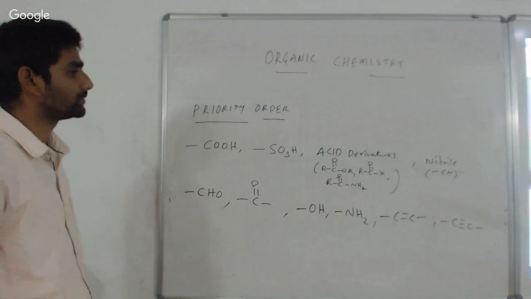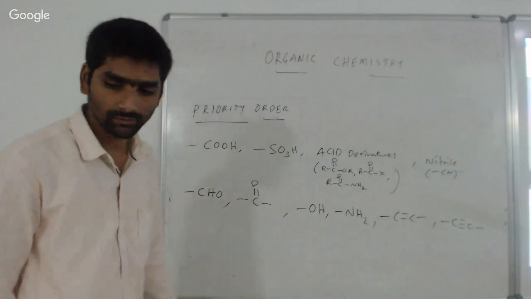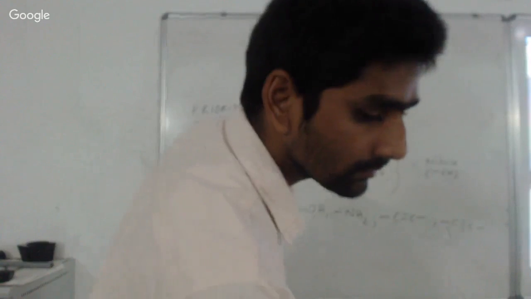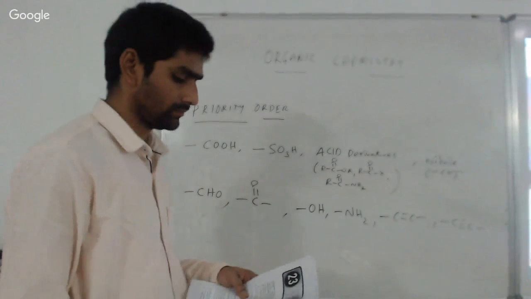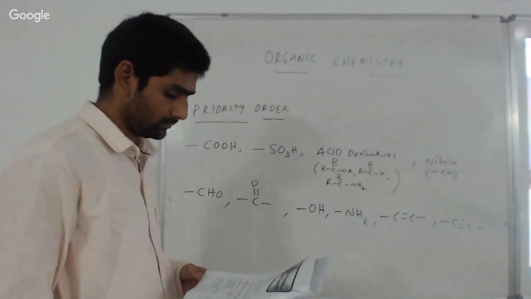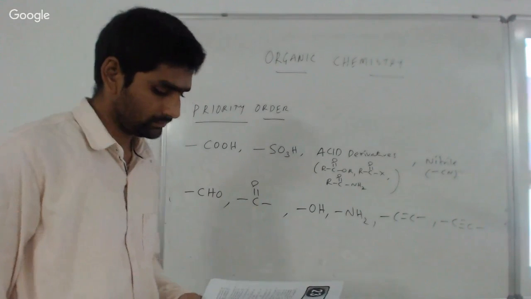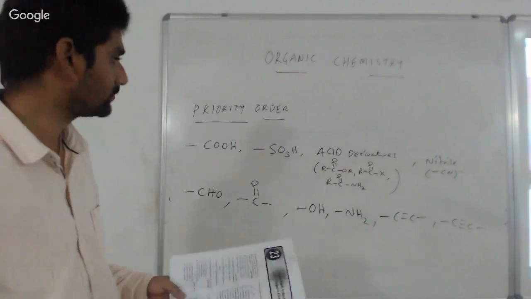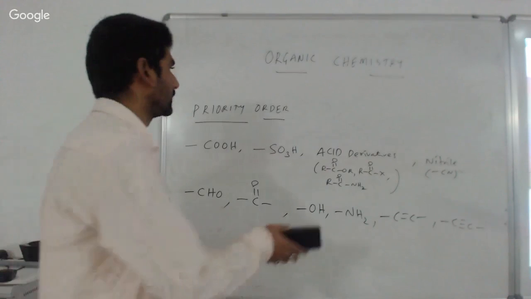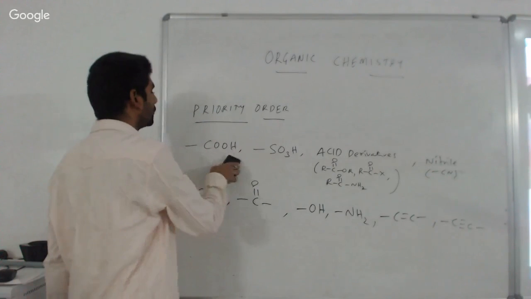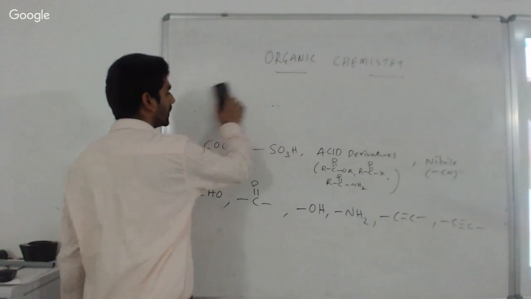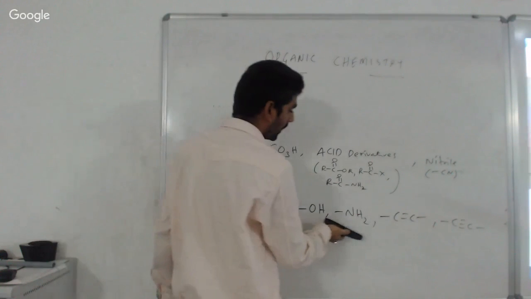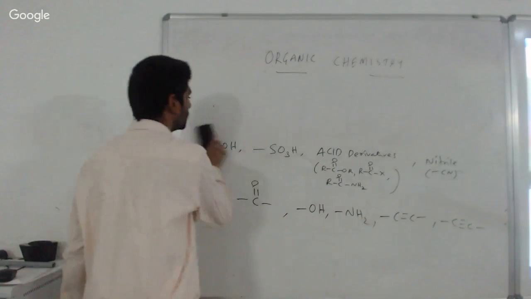That's the main function. So the order is acid, sulfonic acid, acid derivatives, nitriles, aldehydes, ketones, alcohols, amines, alkenes, and alkynes.